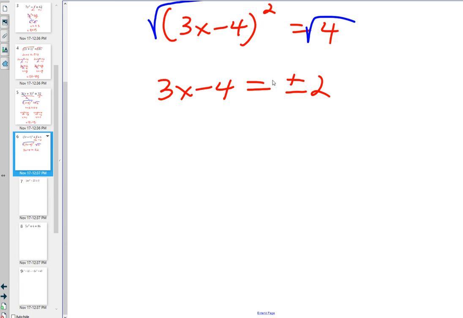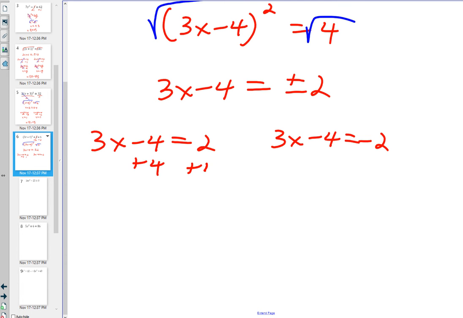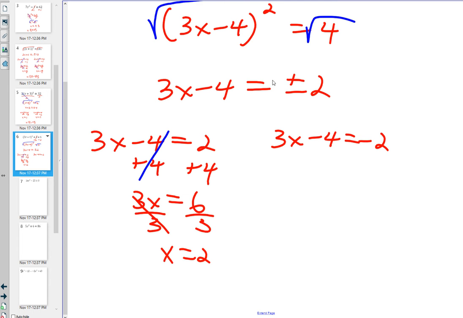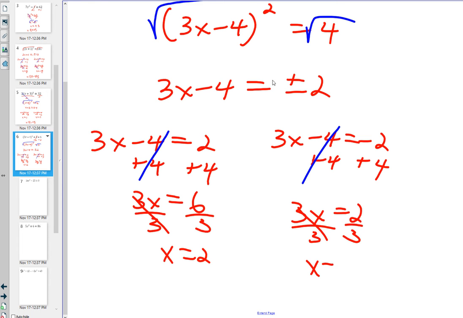There's no more square root, but x is not by itself, so we'll split it. Over 3.